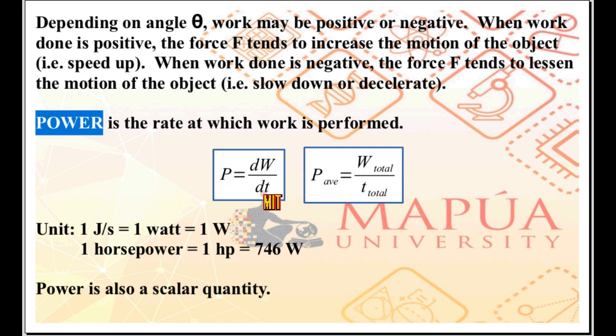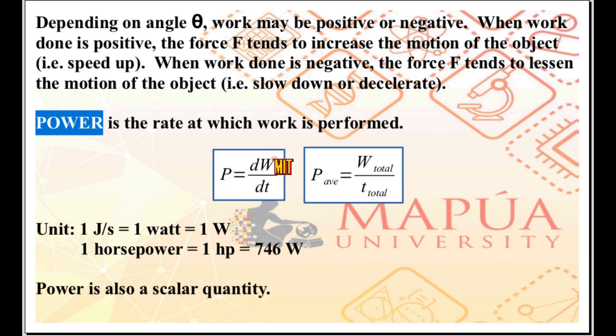If we get the average power, this equation reduces to total work divided by total time T. So P average is equal to total work done divided by total time.